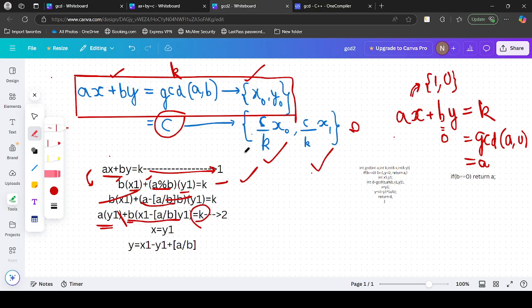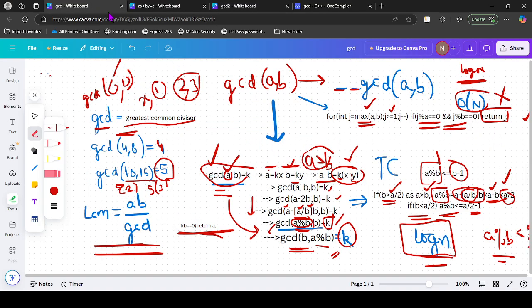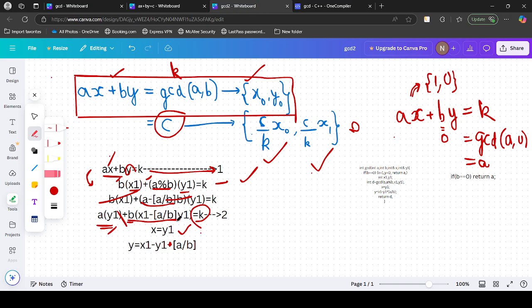So if we observe equations 1 and 2 carefully, we see that x is equal to y1 and y is equal to x1 minus a by b into y1. So from the basic recursion of GCD, we are able to update the solutions as well.